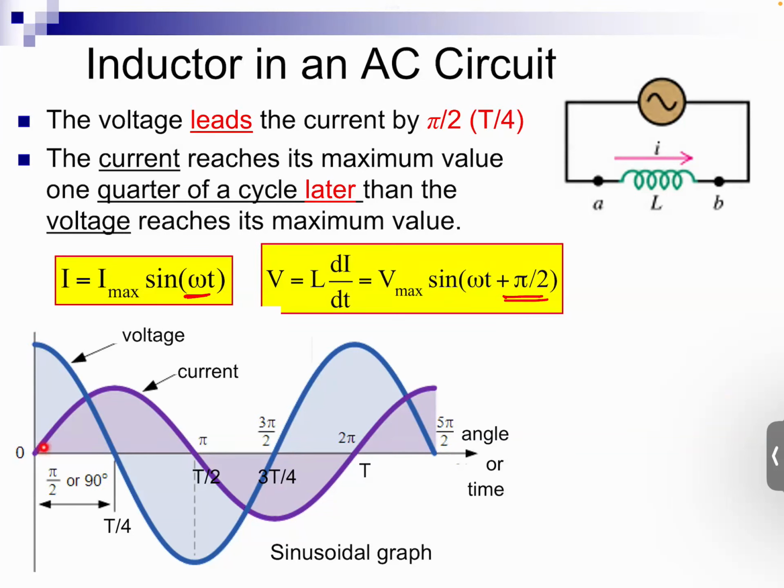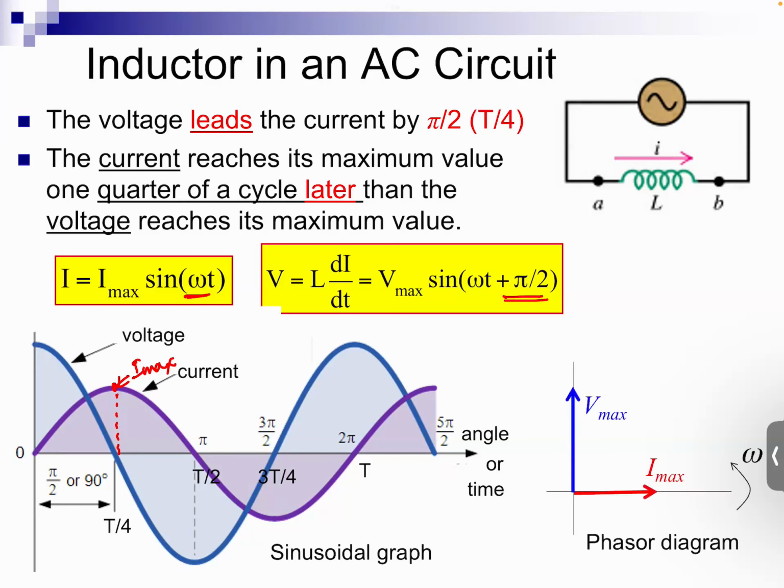Over time, the current increases exponentially until it reaches its maximum value, right? And at the same time, as the current increases, the voltage decreases. When the current is maximum, the voltage is 0, right? And so if you draw your phasor diagram, the voltage comes first, right?